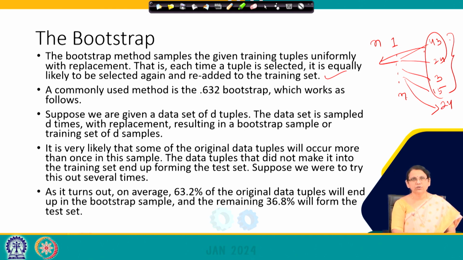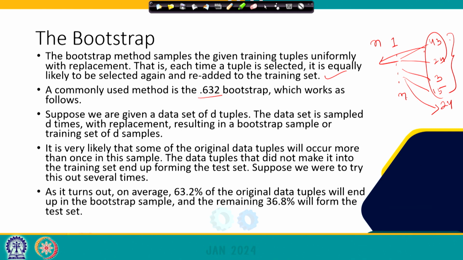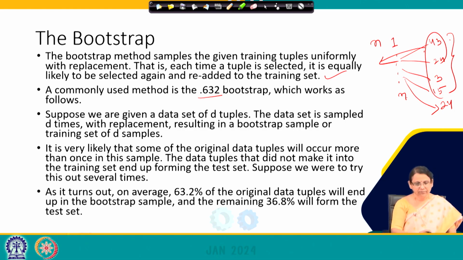Now, the commonly used bootstrapping method is called the 0.632 bootstrap. Here it works like this. Suppose you have a total of d tuples.